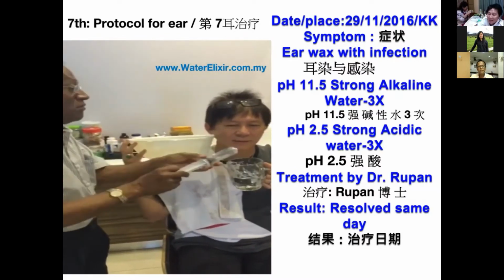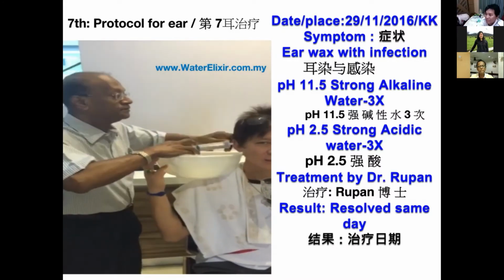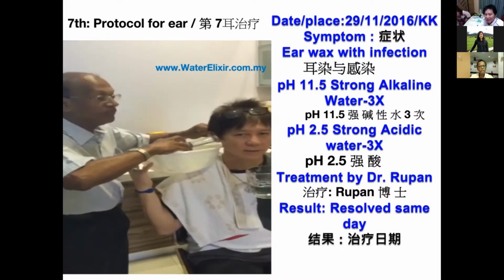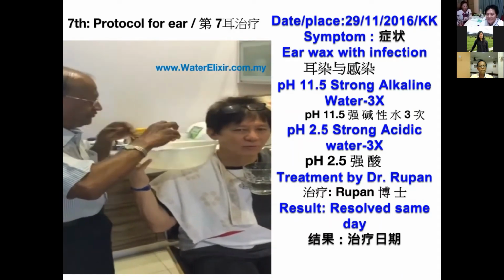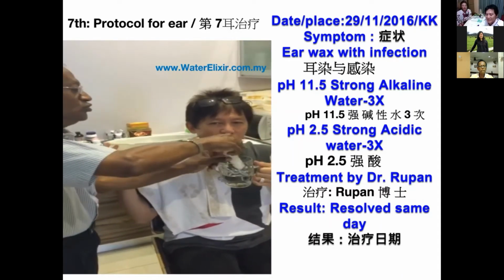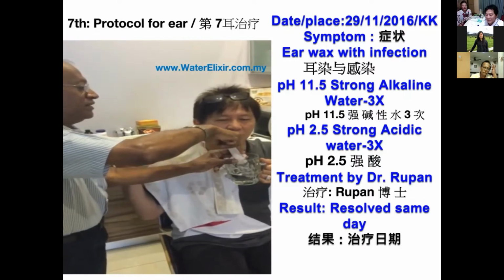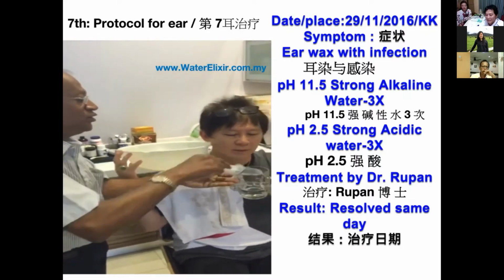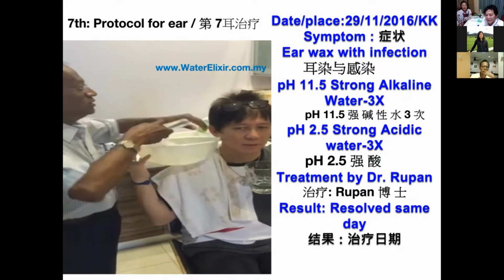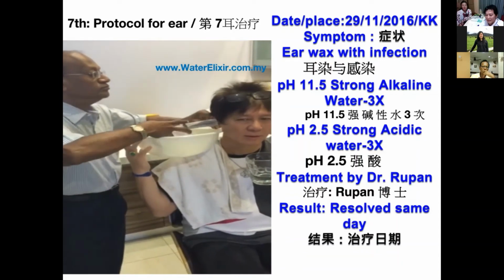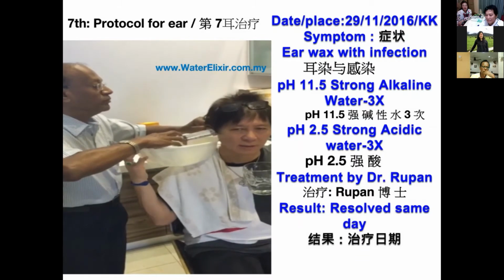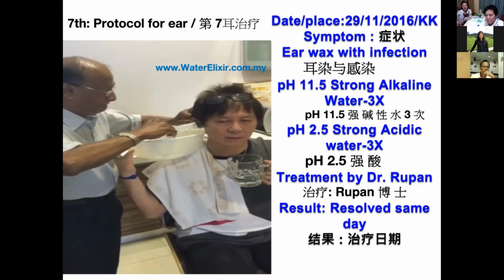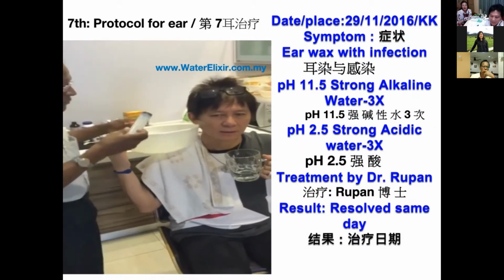I did not know that I have some ear wax inside blocking my ear. After doing the treatment, you see, after you spray the infection here, what water you pumping in? 2.5. pH 2.5. Kangen 2.5 to kill germs and clear the wax. 殺咗嗰啲細菌先。Clear the wax. 2.5 very effectively, and the water will come out again, right?